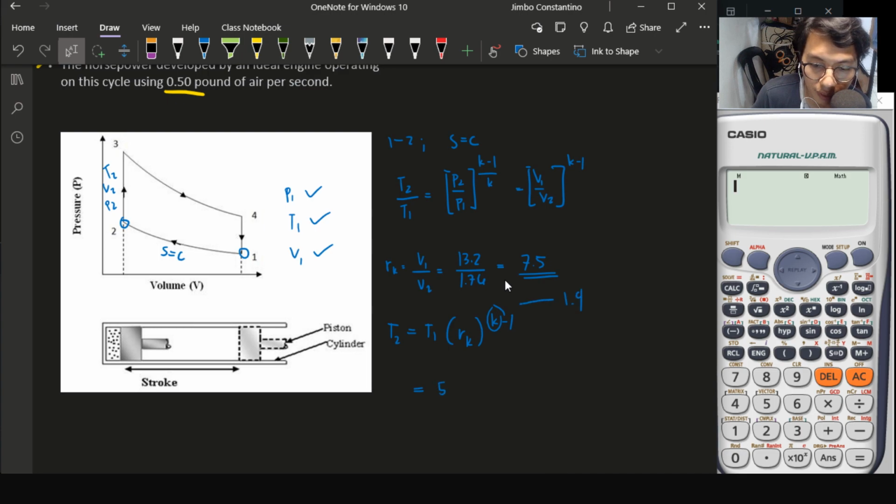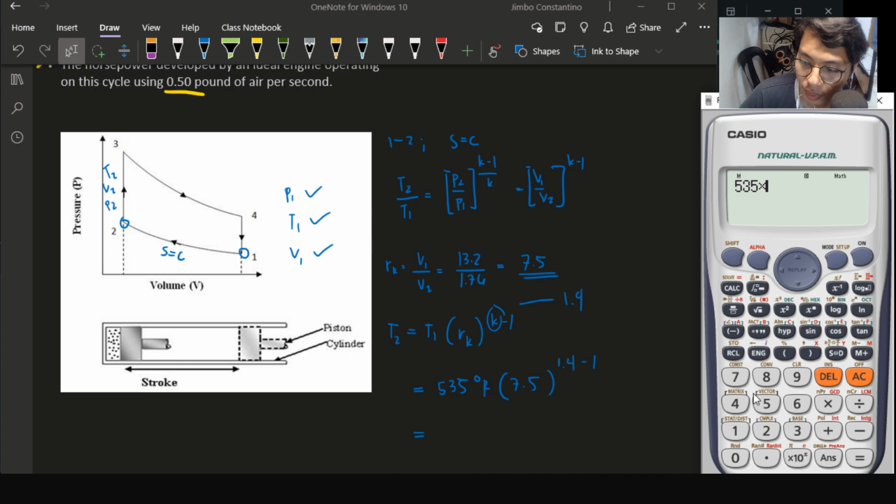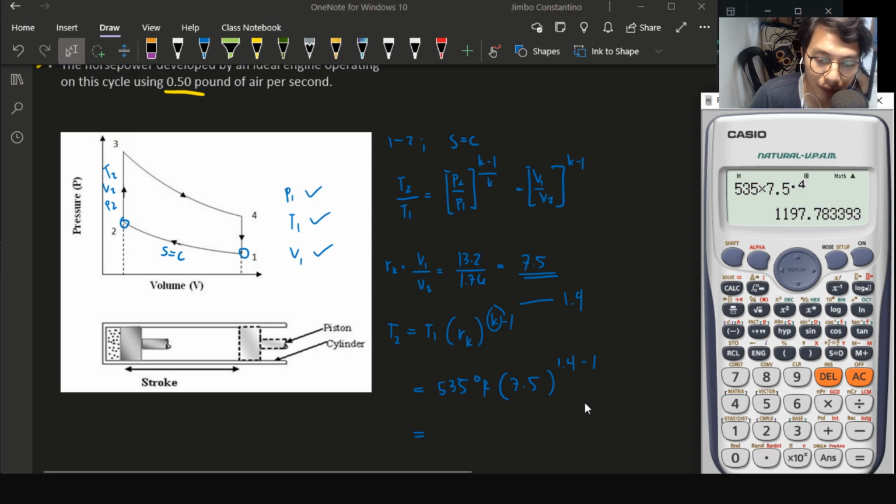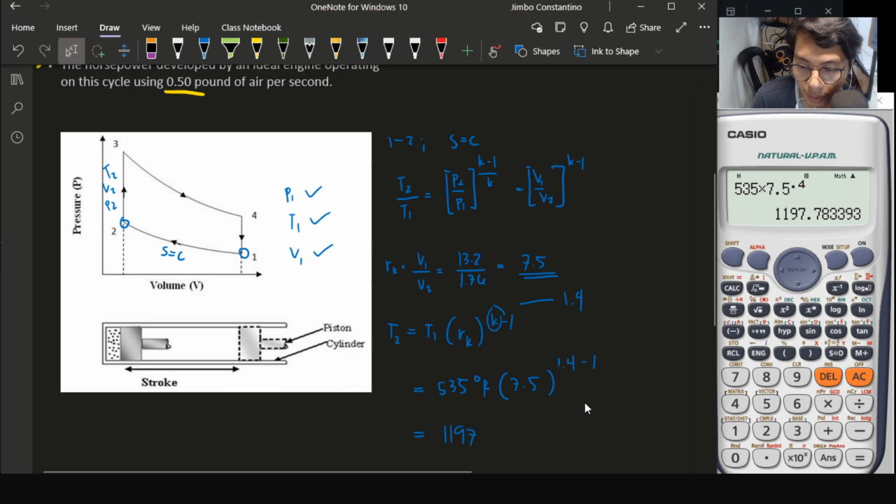So, T1 is 535 degrees Rankine multiply to RK na 7.5 raised to 1.4 minus 1. So, T2 is 535 times 7.5 raised to 0.4 yan. 1.4 minus 1 is 0.4. The answer is 1197.78 degrees Rankine. We have T1 at T2.